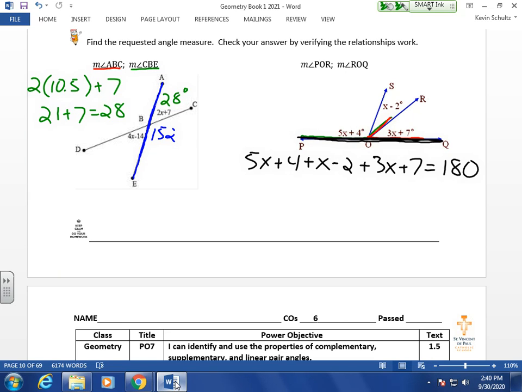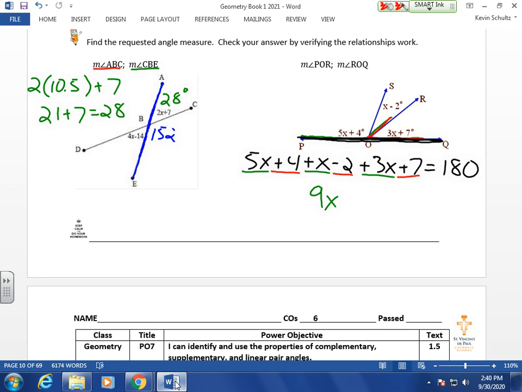Now we get to combine some like terms. That's always fun. We've got 5x here, another x there, 3x there. Total, that gives us, anybody? 9 x's. And then we have positive 4 as a constant, negative 2, and positive 7.